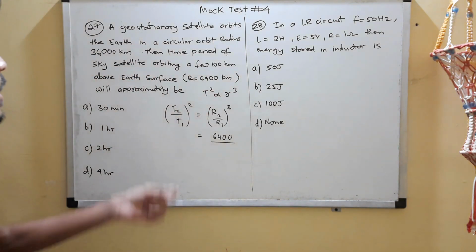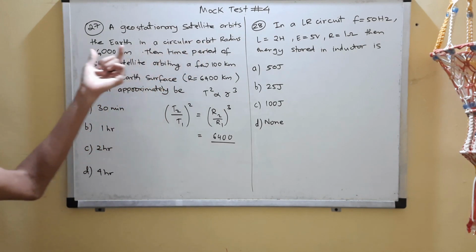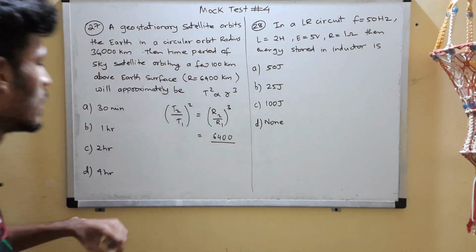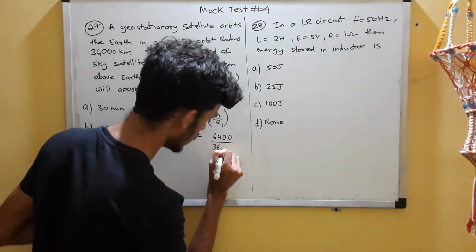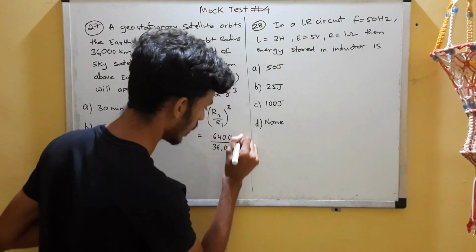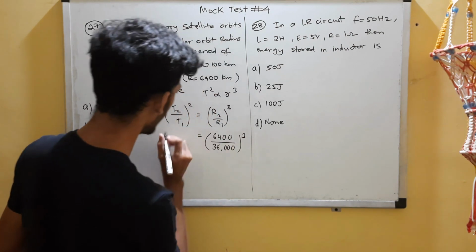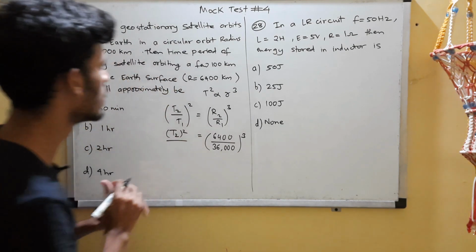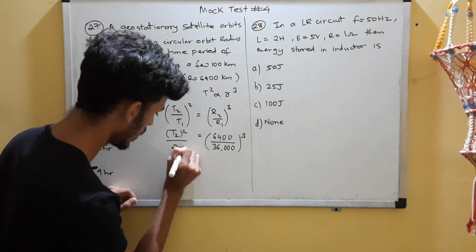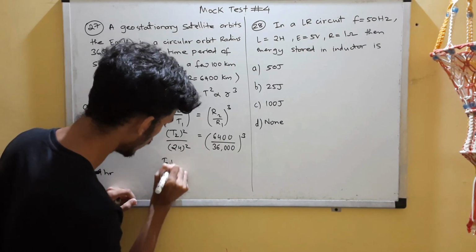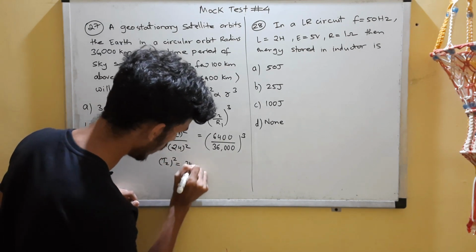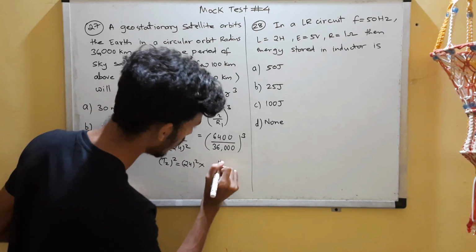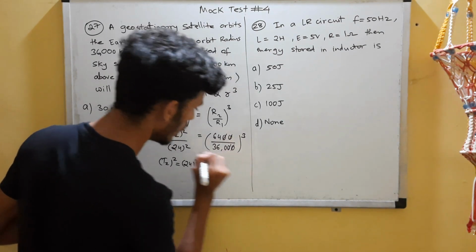R1 is the radius of your circular orbit, radius of your geostationary satellite, which is 36,000, and that raised to 3. Fine. And T2 we are supposed to find. T1 is 24 hours, and that is squared. So T2 squared will be equal to 24 hours into this, and this and this will cancel.